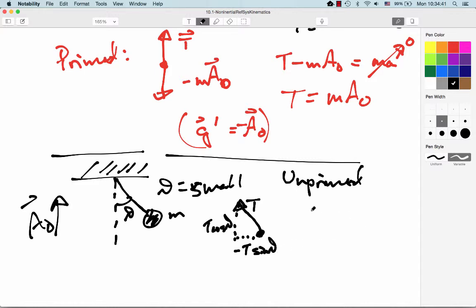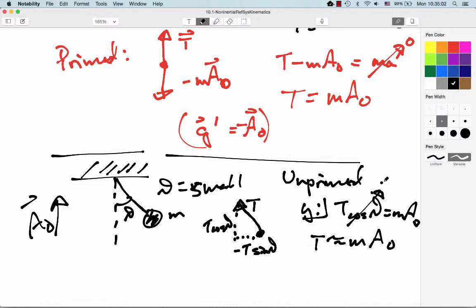So they would write the equations of motion. For the y component, T cosine theta equals ma naught. Since the angle is small, the cosine is approximately 1, so the tension is approximately ma naught.